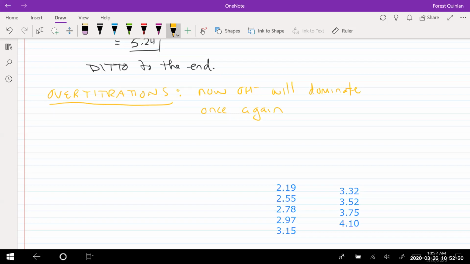So at 1300 mils, remember, we're 100 mils over, which means we've only added 100 mils of our base to this now neutralized solution.